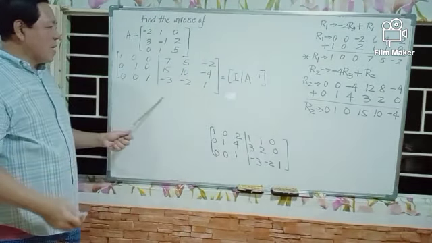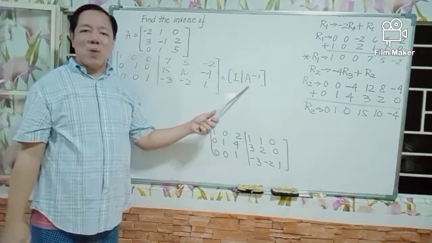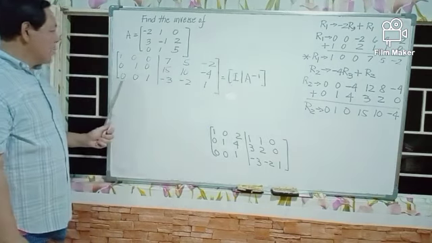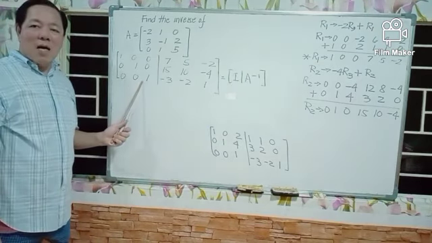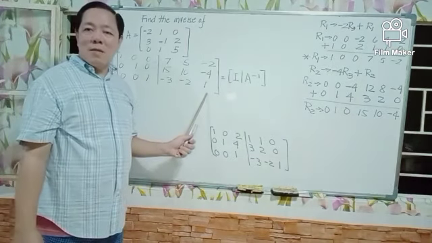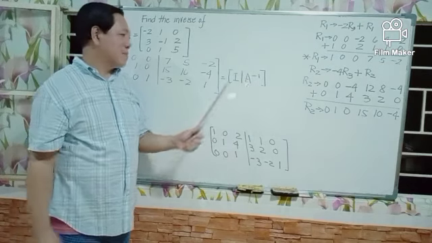This is the equivalent matrix of the form I and A to the minus 1, where I is the identity matrix of size 3 by 3. This is the identity matrix I of size 3 by 3. And this other matrix is the matrix A to the minus 1.